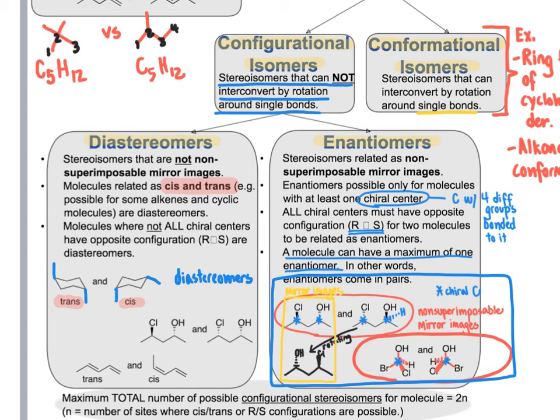Another situation where we run into cis and trans diastereomers is with alkenes. If we have alkene molecules that have the same connectivity between atoms, meaning the double bonds are in the same place in both molecules, but there's a difference in how those atoms are oriented around the carbon-carbon double bond, those are diastereomers of one another.